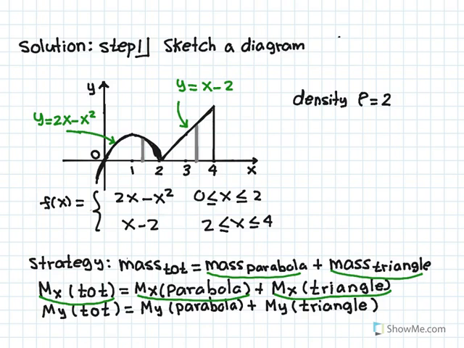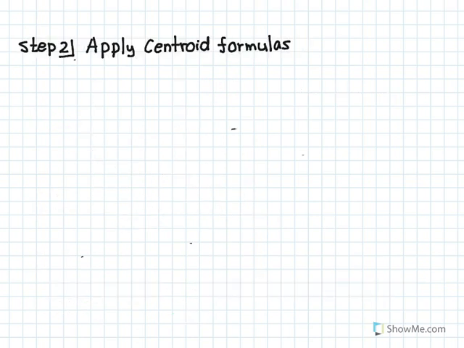And the total moment with respect to the y-axis is the moment of the parabola plus the moment of the triangle. Because this is a piecewise defined function, we have to use additivity of moments to find the centroid of this region.